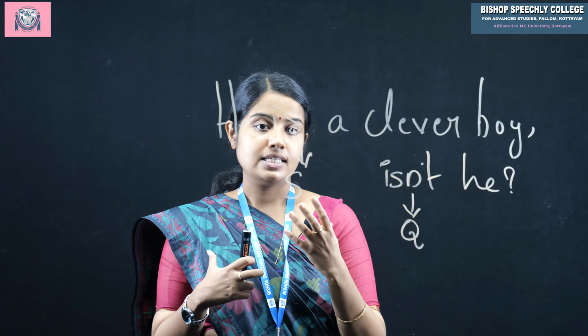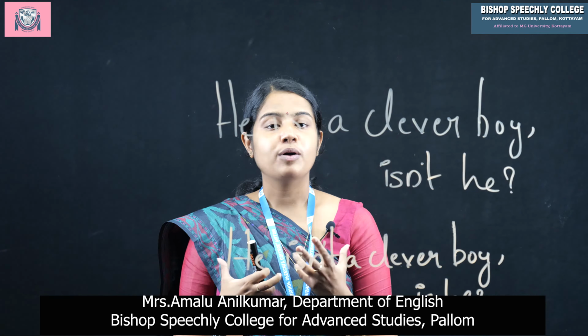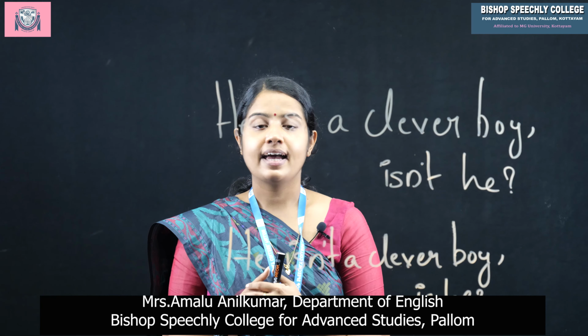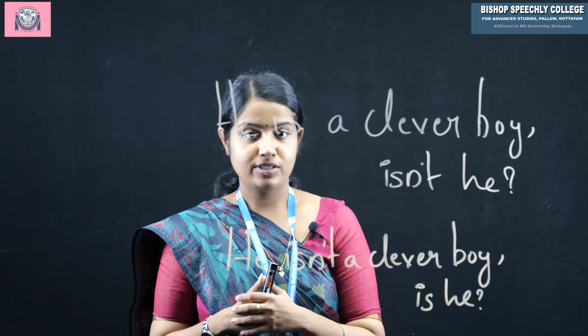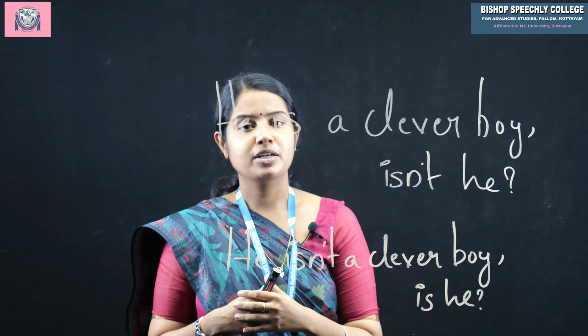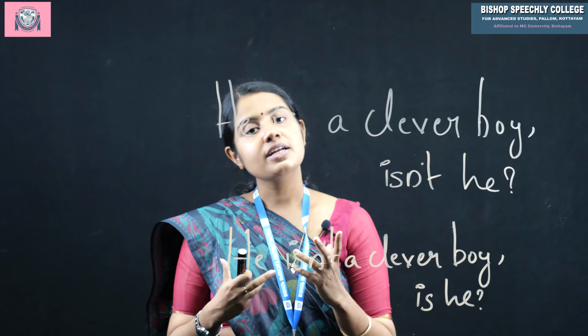Now we can have a look at how to use a question tag. So in that case, we need to think about the two types of question tags. That is, positive question tag and negative question tag. Now, when we are trying to frame a question tag, we need to first look at the auxiliary verb of that statement. I think you might be aware of auxiliary verbs. Auxiliary verbs are basically helping verbs that give a grammatical sense to the statement.